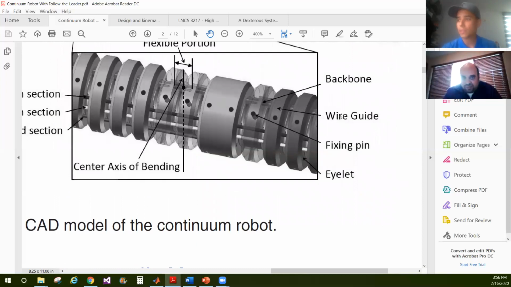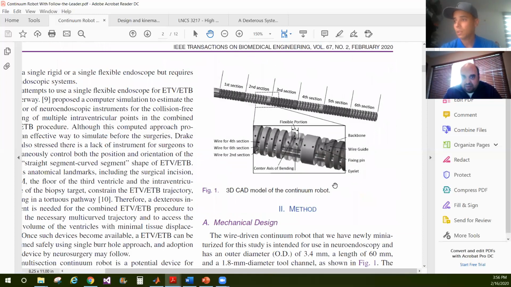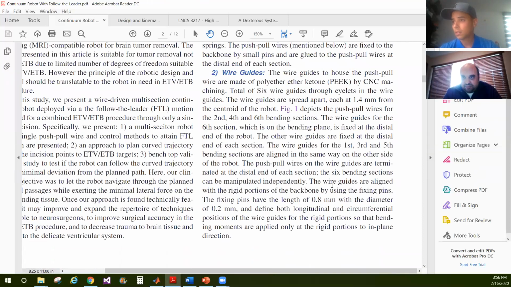That is what I think, because it also says the fixing pins have the length of 0.8 millimeter with the diameter of 2, and define both the longitudinal and circumferential position of the wire guide for the rigid, so that bending moments are applied only at the rigid portions to in-plane direction.